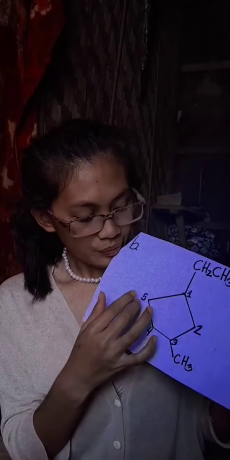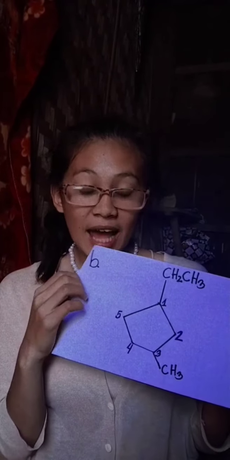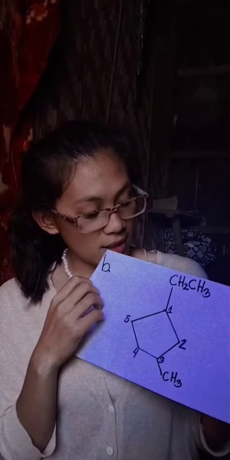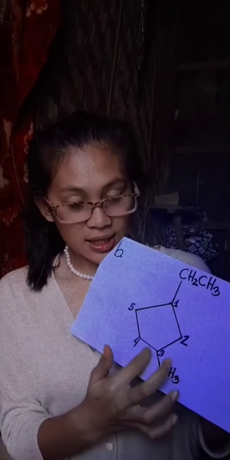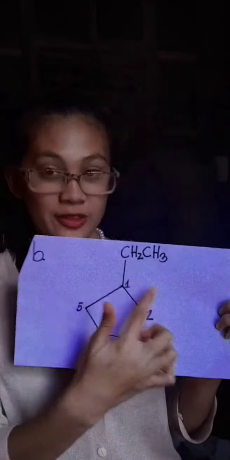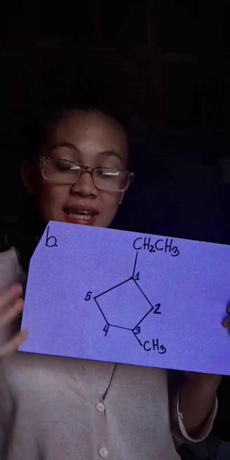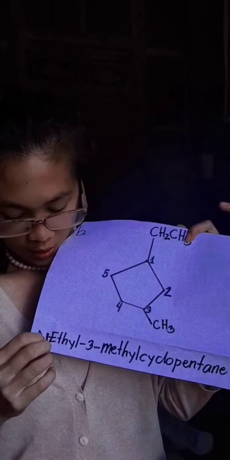So, our parent name is pentane, and our substituents are 1-ethyl and 3-methyl. So, therefore, the IUPAC name of this cycloalkane is 1-ethyl-3-methylcyclopentane.